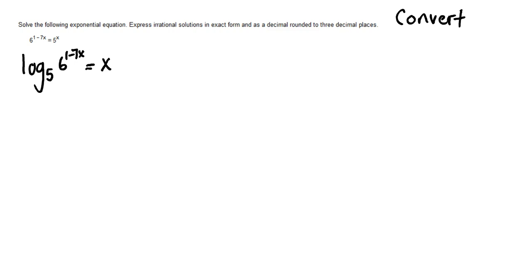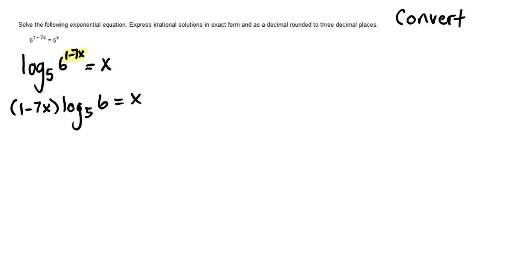7x. Now from here, we have quite a bit of solving to do still. We're going to use the power rule to bring this power out of the exponent. We need to do that because that exponent has a variable in it. So that would be 1 minus 7x times log base 5 of 6 equals x.